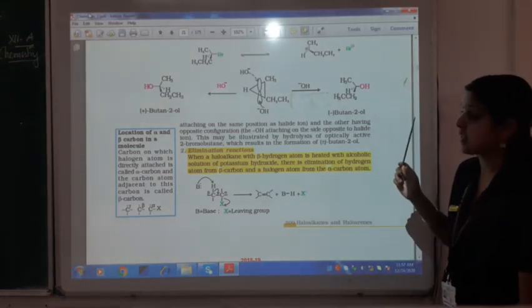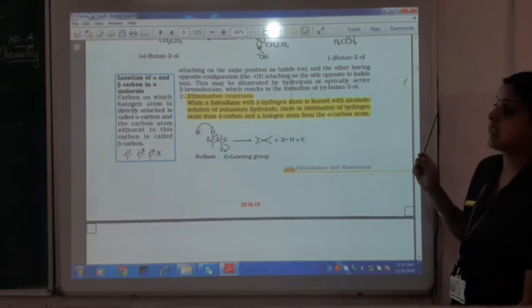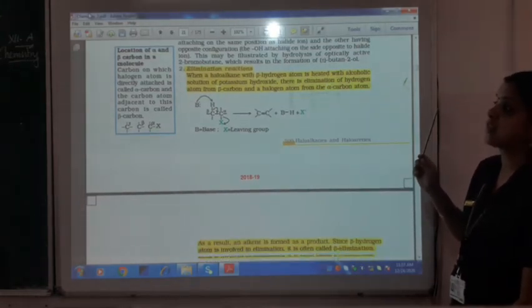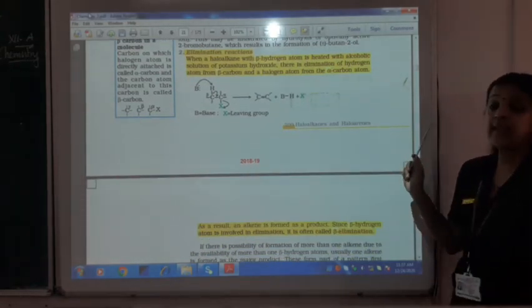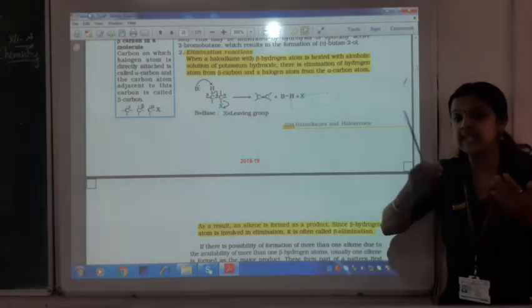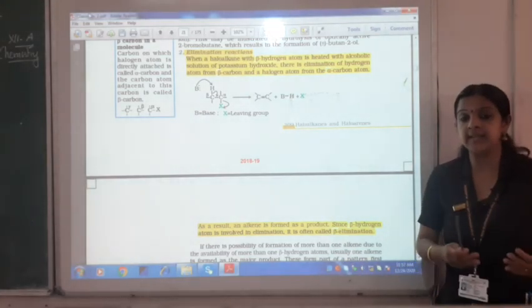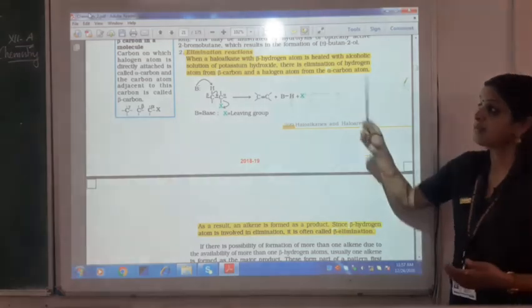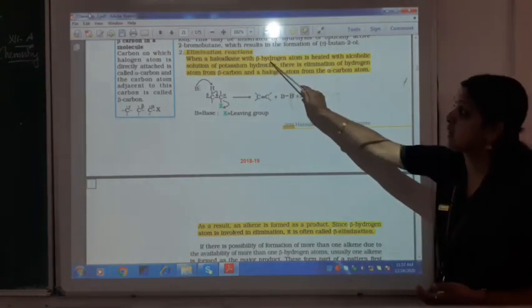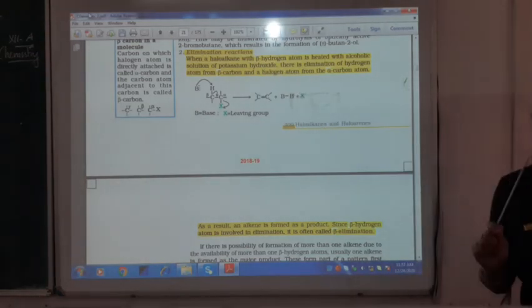Now some of the reactions that haloalkanes undergo are elimination reactions. Elimination reactions means something is getting removed. I eliminate it, I discard it. When a haloalkane has beta hydrogen, what do you mean by beta hydrogen?